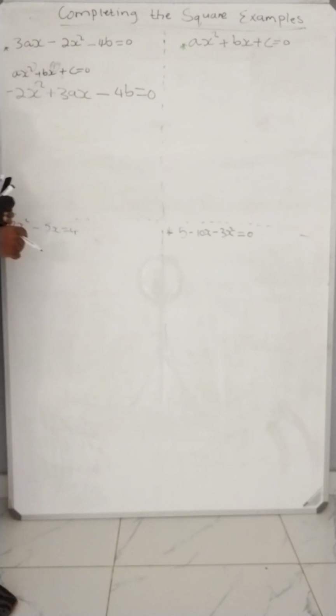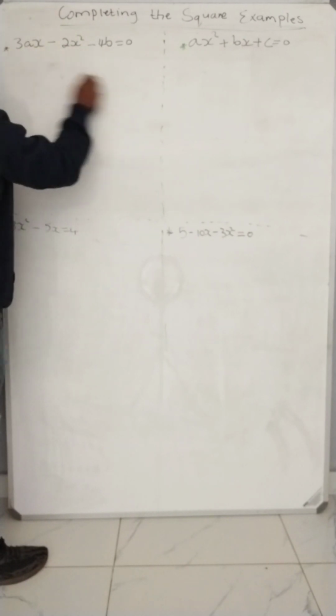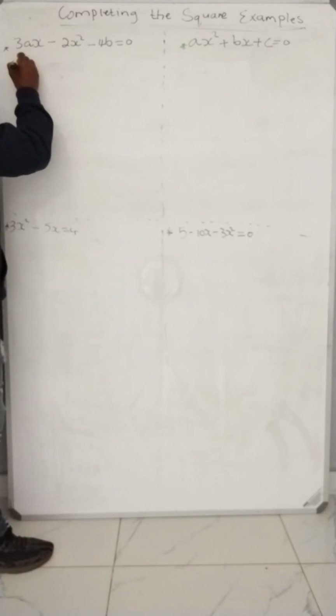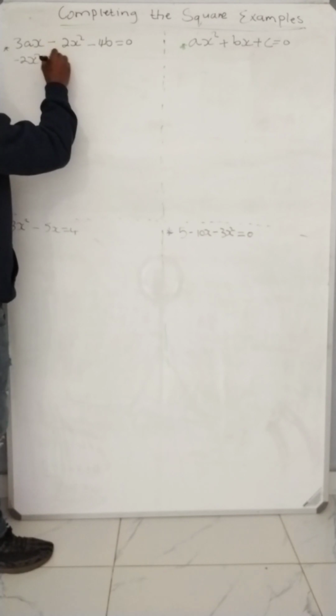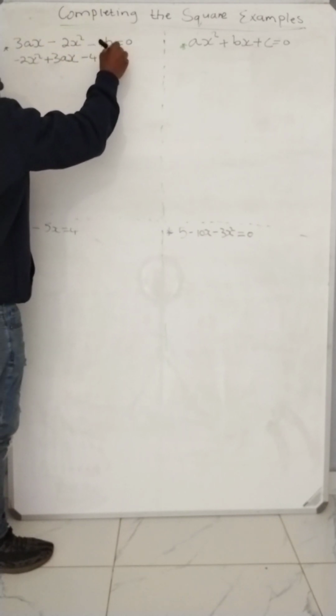Okay, so it is now in standard form. Now I'm gonna go ahead and put it a bit below so that we can have enough space. So we will be having minus 2x squared plus 3ax minus 4b is equals to 0.